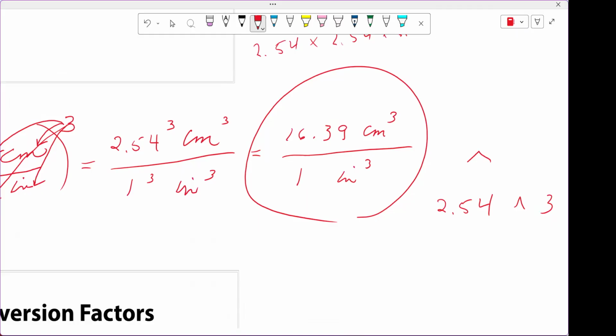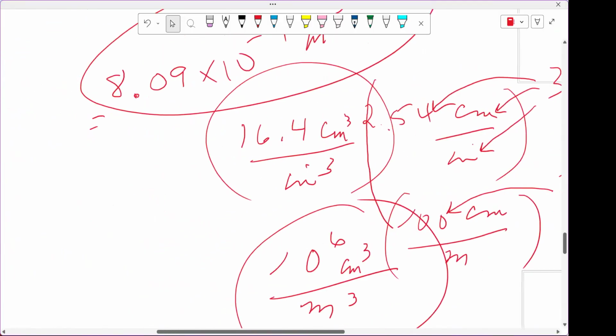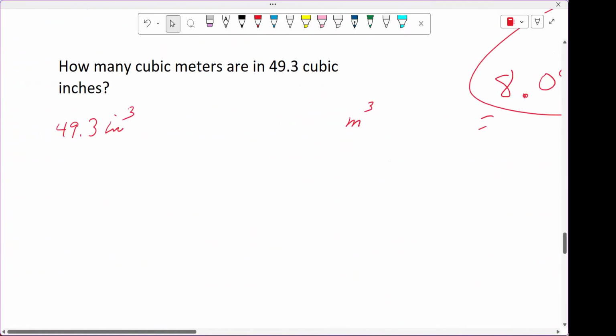All right, does anyone have any questions about where the 16 number came from? It's just cubing 2.54. Okay. I do have a question regarding the point 39. How did you decide to have it 2000 plus? I just arbitrarily chose 4 sig figs.